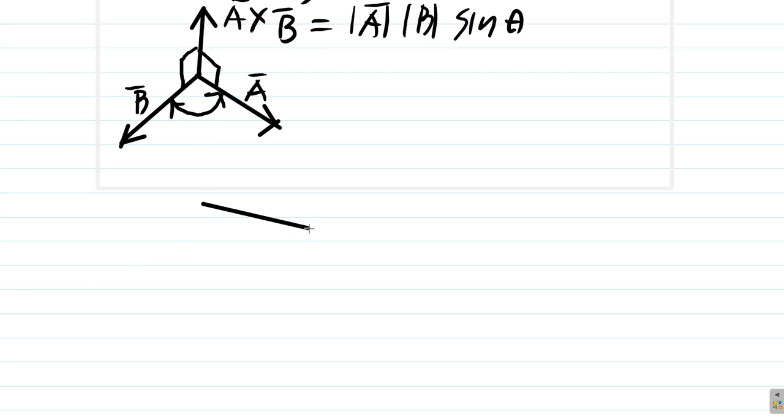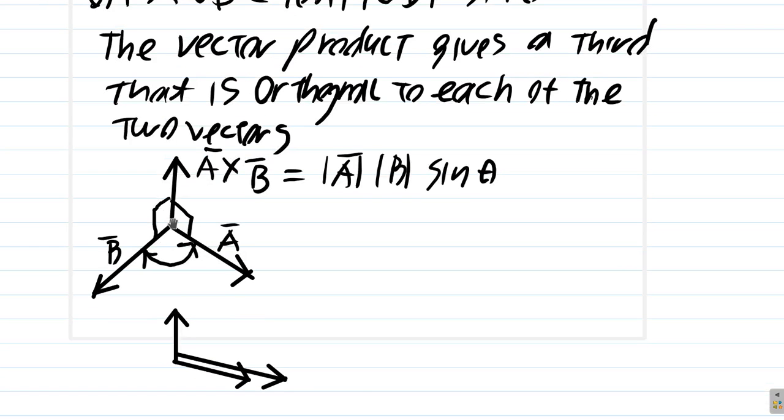Suppose you have this vector A and vector B, and the angle between them is, say, 30 degrees. Oh, no, let's not start with that yet. Suppose vector A and B are in the same direction, right? Then what would be the cross product?